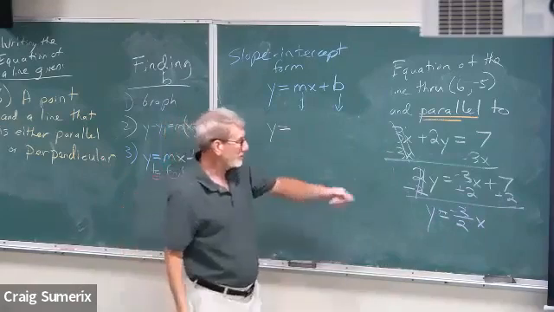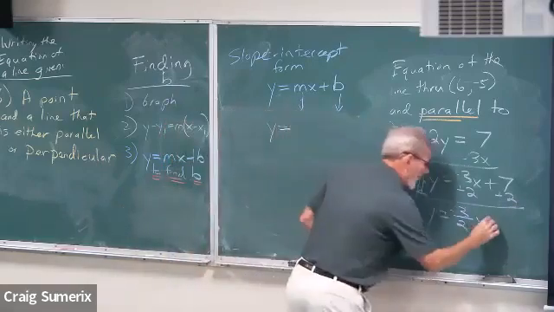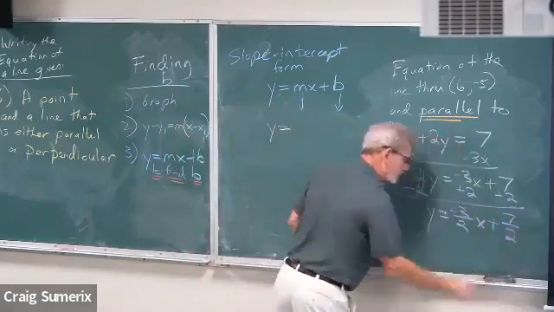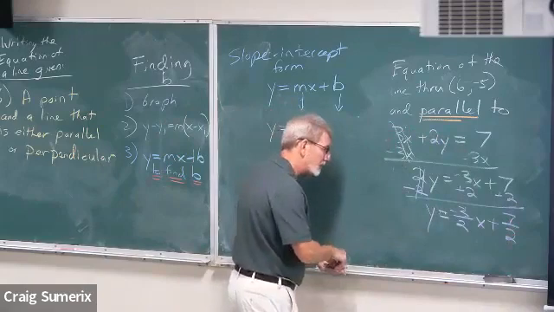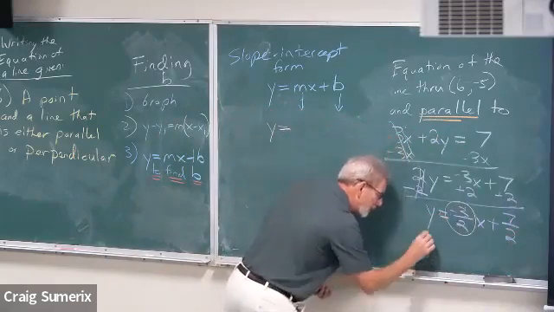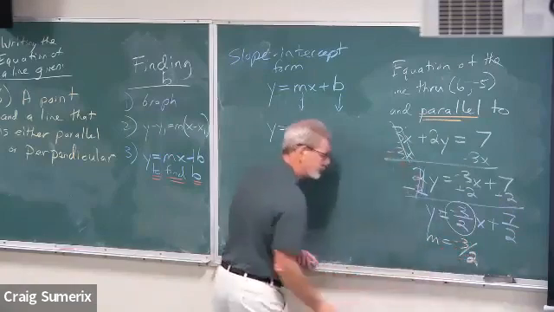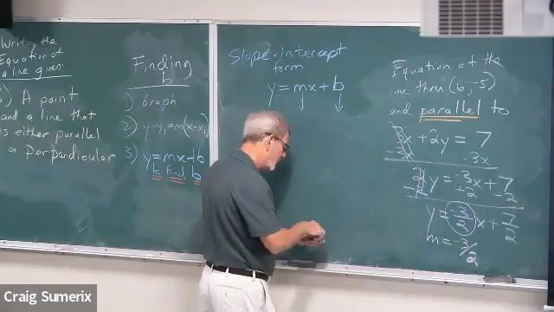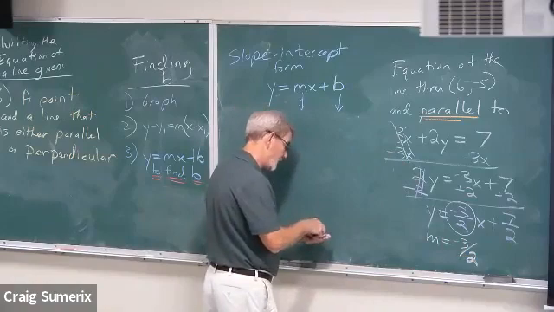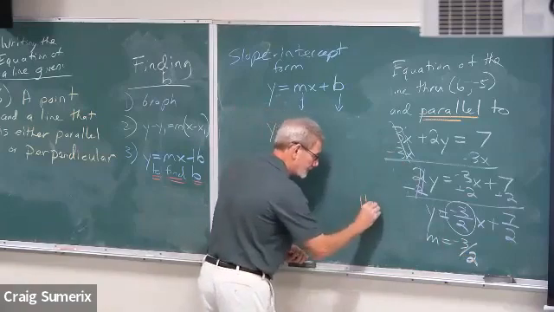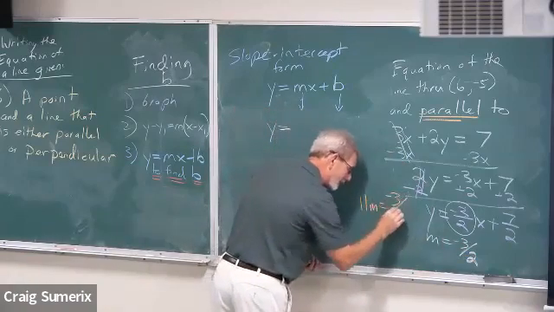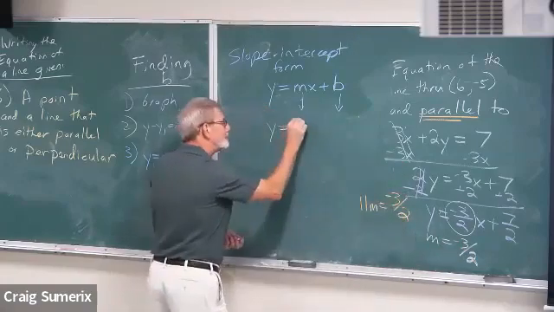So what I'm looking for here, the slope, is -3/2. So what would the parallel slope be? -3/2 also.